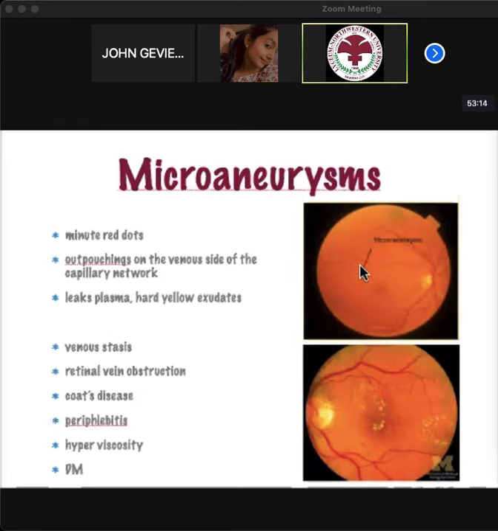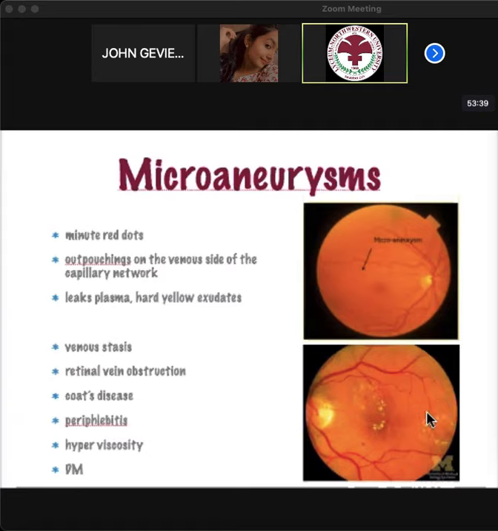Microaneurysms are seen as minute dots or red dots. This one is very small, very typical in diabetic retinopathy. This is caused by outpouchings of the venous side of the capillary network, where it leaks plasma and exudates. So usually where the exudates are, that's where the microaneurysms are.